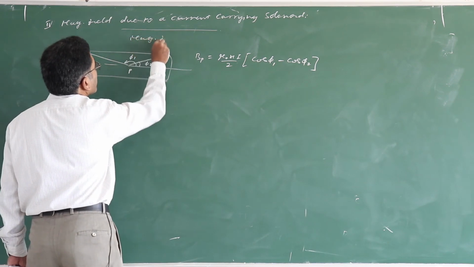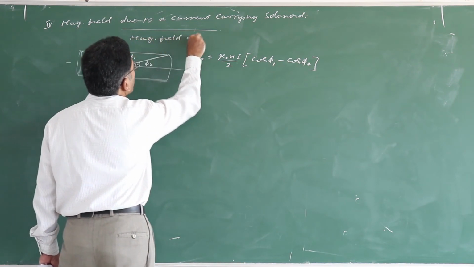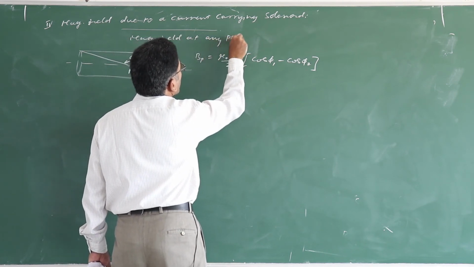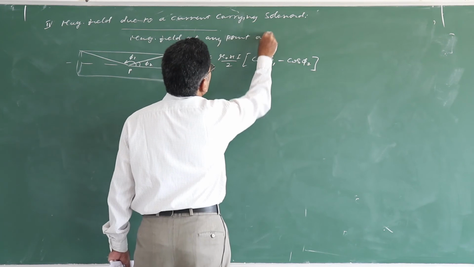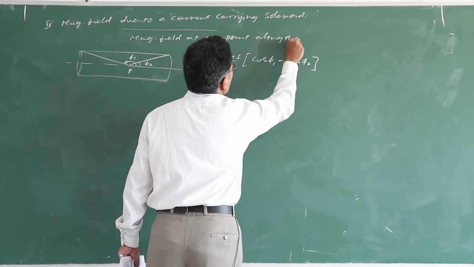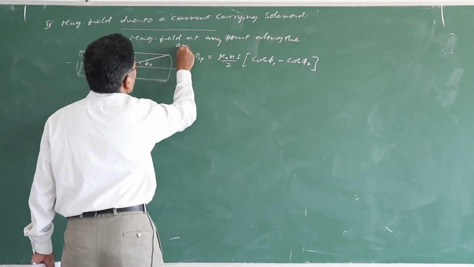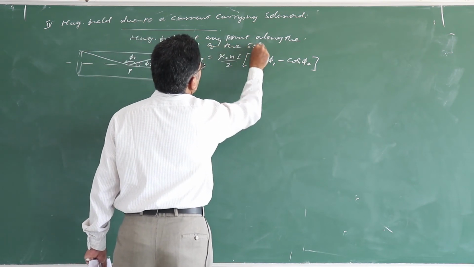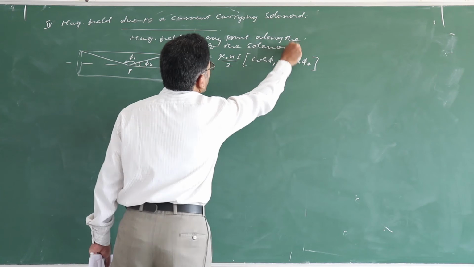Magnetic field at any point along the axis of the solenoid is given by this relation.